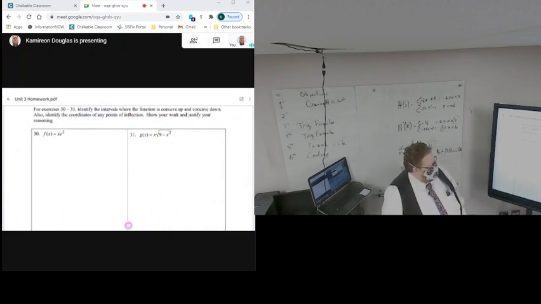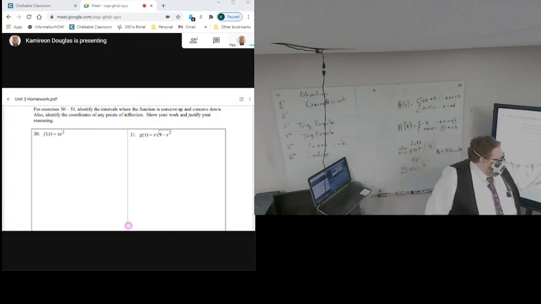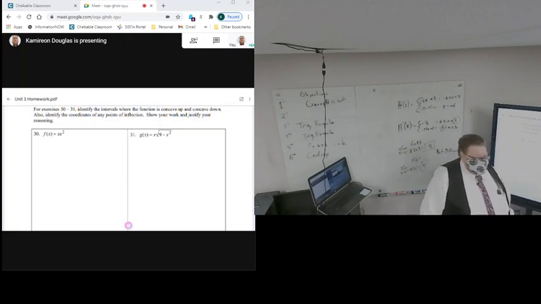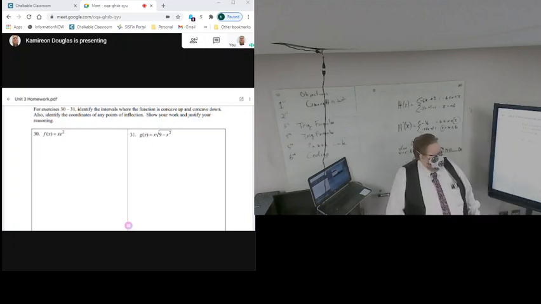Integrals of concave up and concave down. This one was easy. If you remember, e squared is just a number. 31. That's when we had a bunch of solutions. It was easier if we rewrote it at the beginning. Otherwise, this became rather nasty rather quickly.